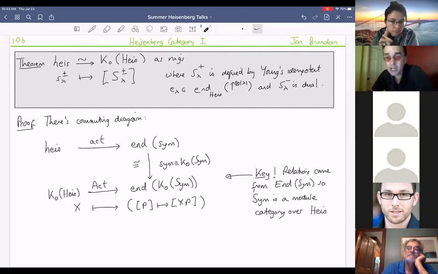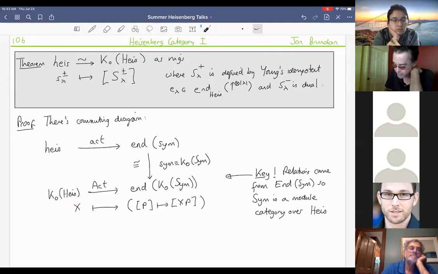We concocted the Heisenberg category exactly so that it acts on the symmetric category, right? The defining relations for the Heisenberg category came from the relations between those obvious natural transformations of those endofunctors of the symmetric category. So it's automatic that the Heisenberg category acts on the symmetric category. Put it in fancier language, the symmetric category is just a module category over the Heisenberg category.